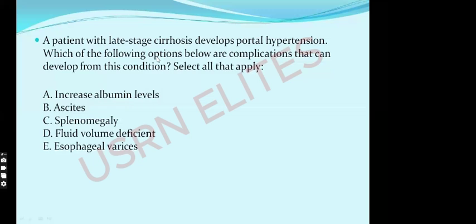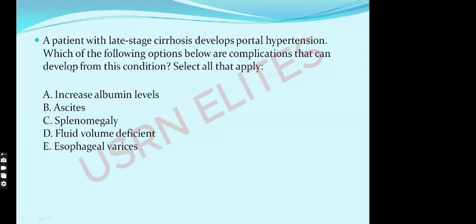When you have portal hypertension, if you remember your portal circulation very well, what do you think will happen? Okay, this one, let's do it together because it's multiple answers.